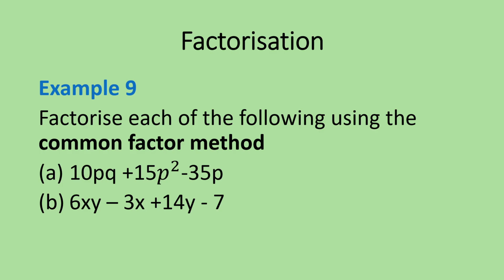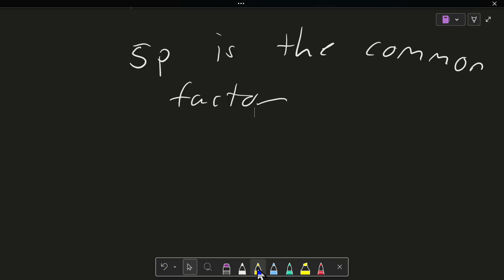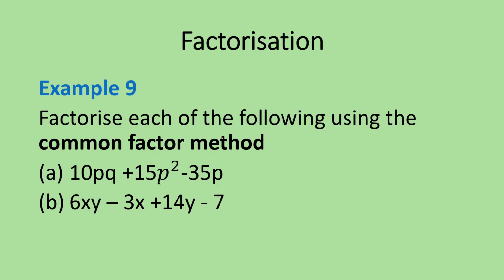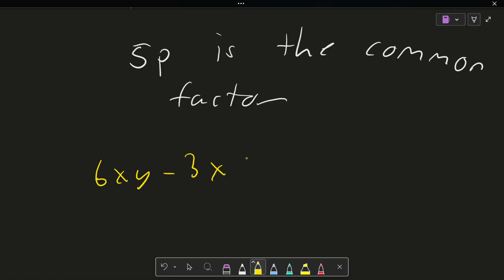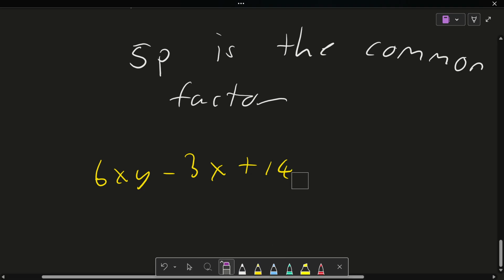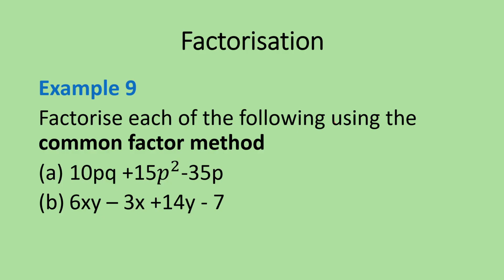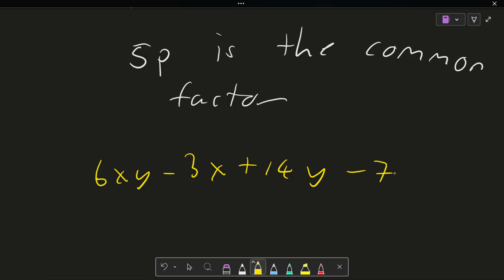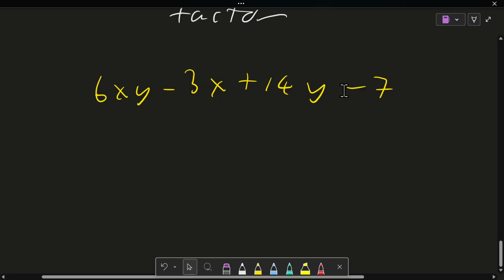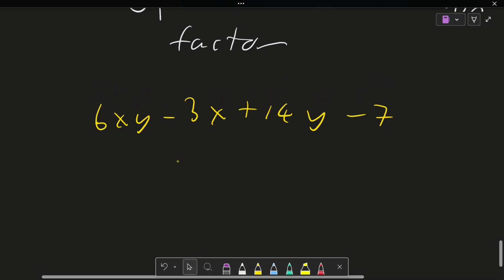6xy minus 3x plus 14y minus 7. Okay, first of all, we can split this into two parts.